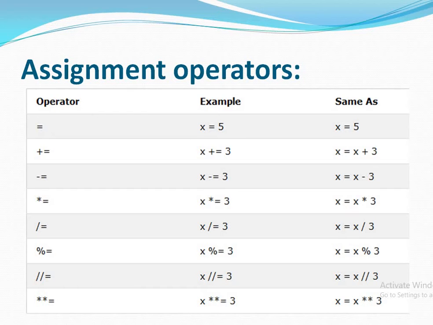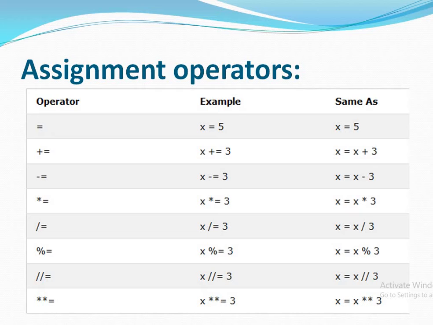If I consider the first line, the value of x is 5 because I assign the value 5. Then if you place plus equal to 3, it will do x equal to x plus 3. The value of x is already 5, so it will add 3 to that existing 5 and the new value of x will be 8.